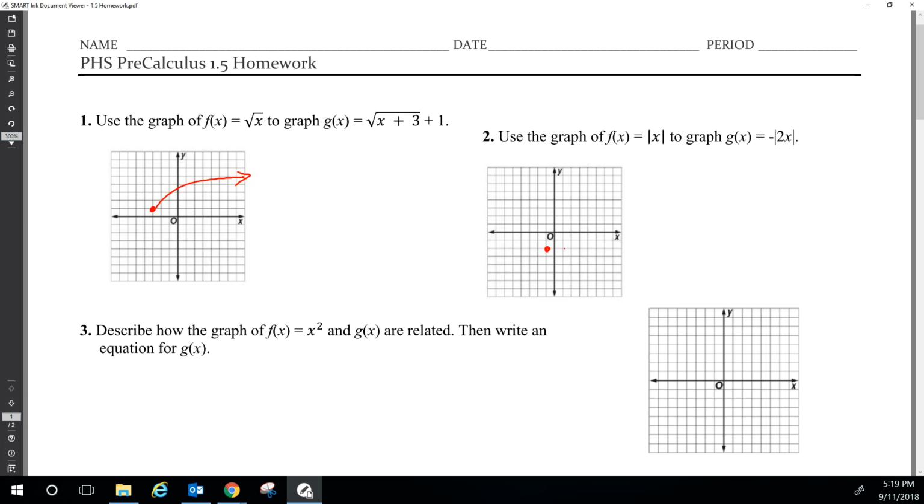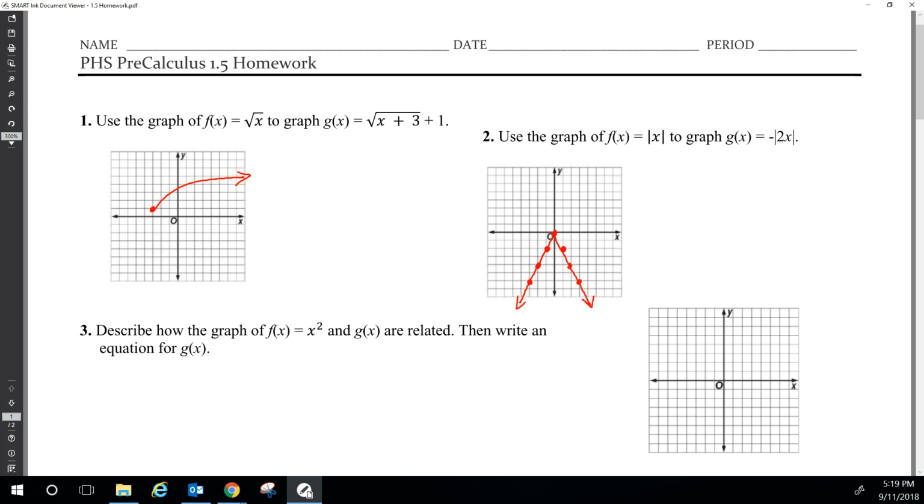That's what I'm trying to say. Remember, a horizontal compression is the same thing as a vertical stretch. This isn't the smart board feature, so it's hard to get these dots to go. So there you go.